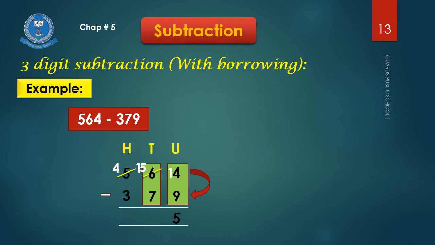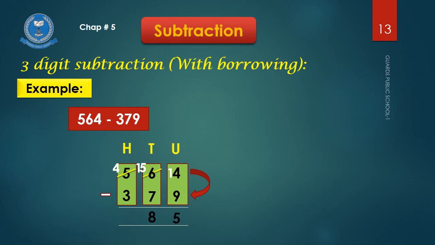So, in the tens column, we have 15 minus 7. What is 15 minus 7? 8. So, I will write 8 under the tens column. And in the hundreds column, we have 4 minus 3.